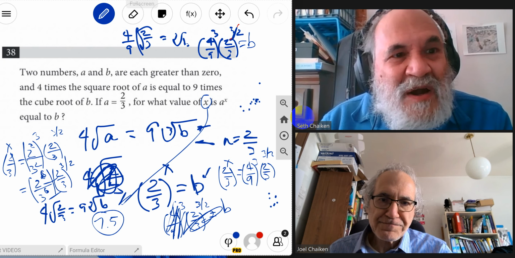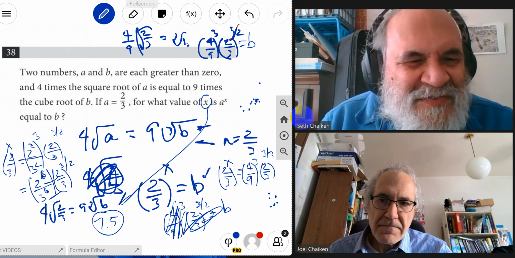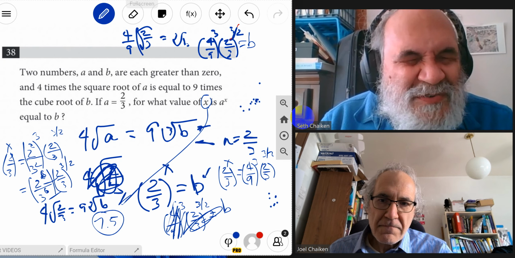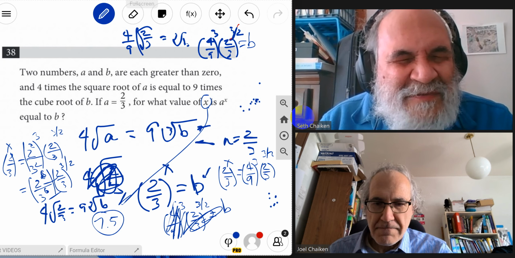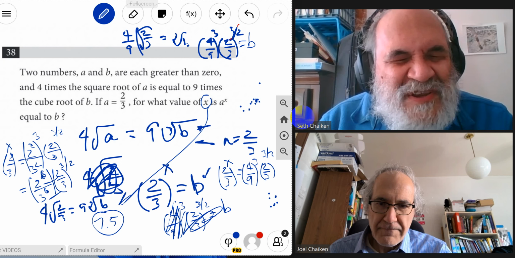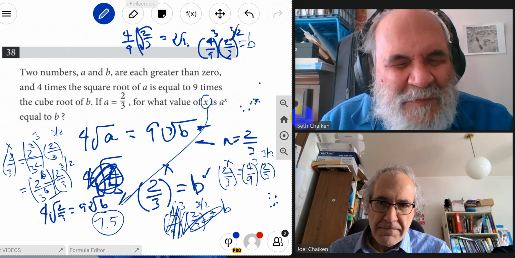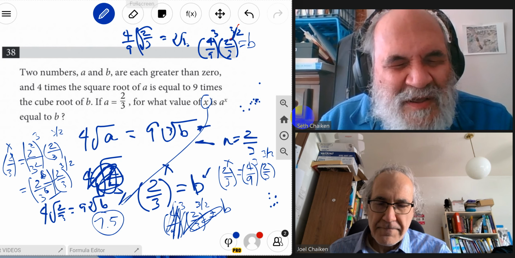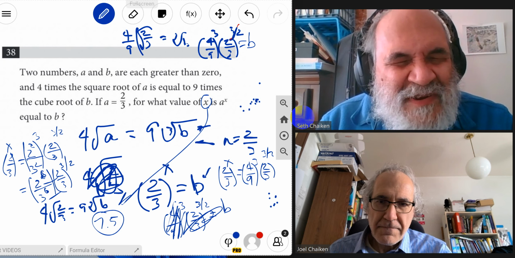Then you come to the equation 2/3 to the x equals 2/3 to the 7.5. And since in this region of functions exponentiation is a nice invertible function, then x is equal to 7.5.